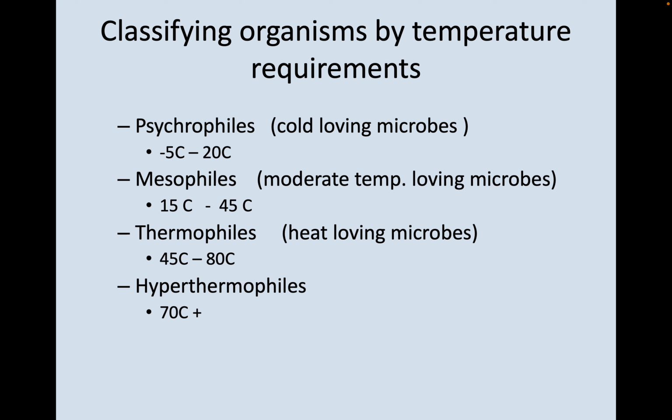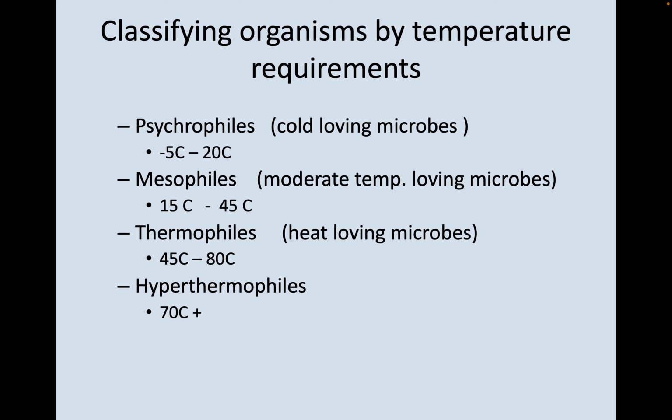All right. Organisms can also be classified by their temperature requirements. Psychrophiles are cold-loving microbes. These are some of the microbes that are responsible for spoiling milk in your refrigerator. We also have mesophiles. These are moderate temperature loving microbes. So these would be the organisms that can grow on our bodies. Thermophiles are heat-loving microbes.